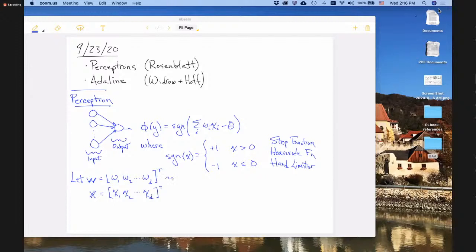So these are weights, and these are inputs.